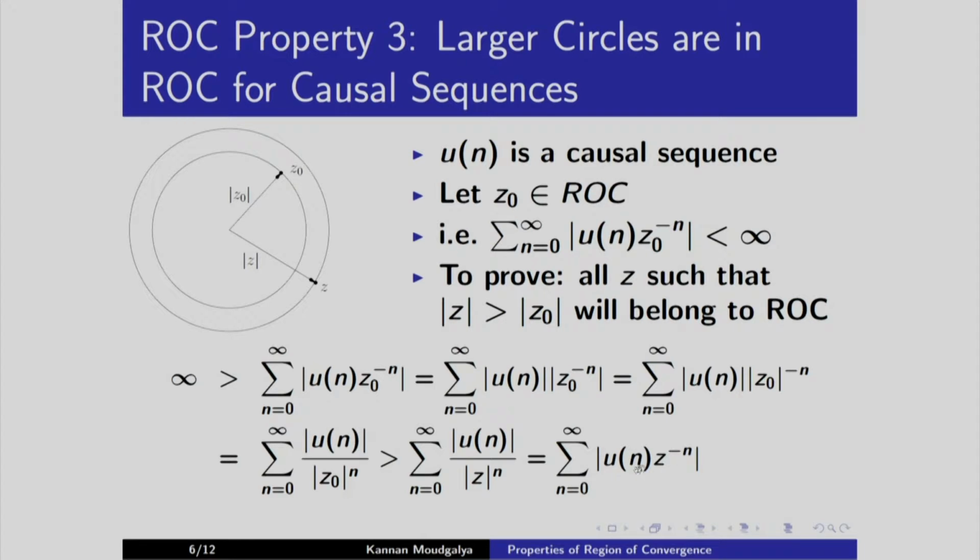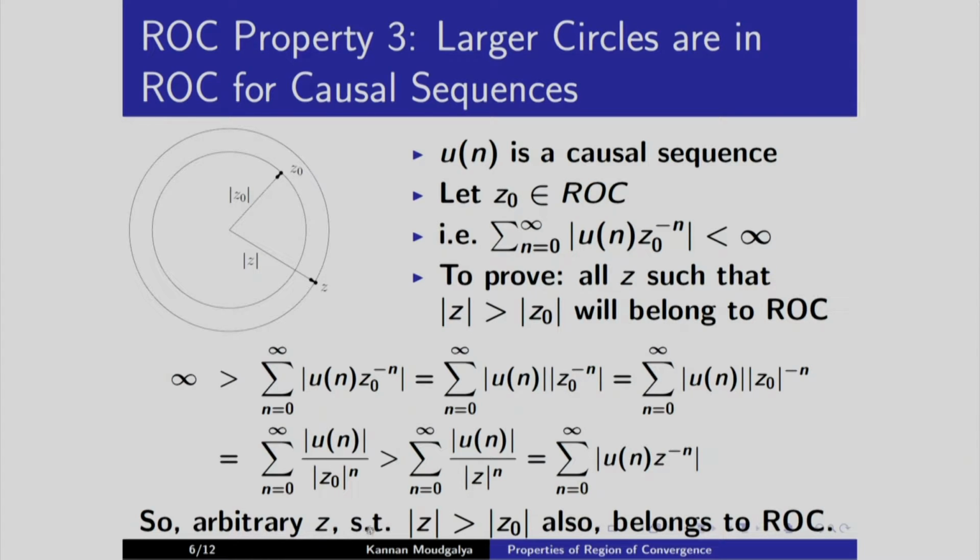So we have shown that this sum when evaluated at this Z, which is greater than the magnitude of this Z0, is smaller than infinity. Remember, all these are bounded and this is smaller than this, so obviously this is also smaller than infinity. In other words, this is bounded.